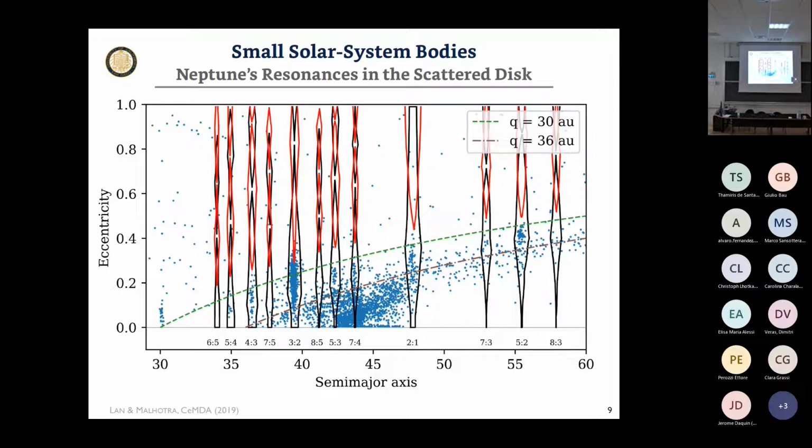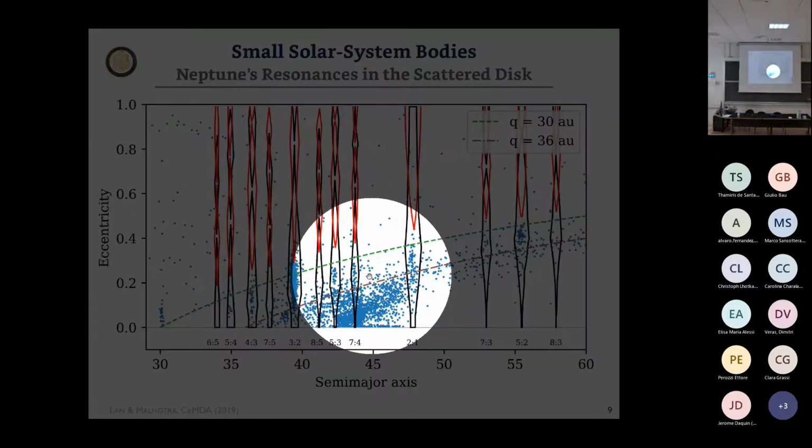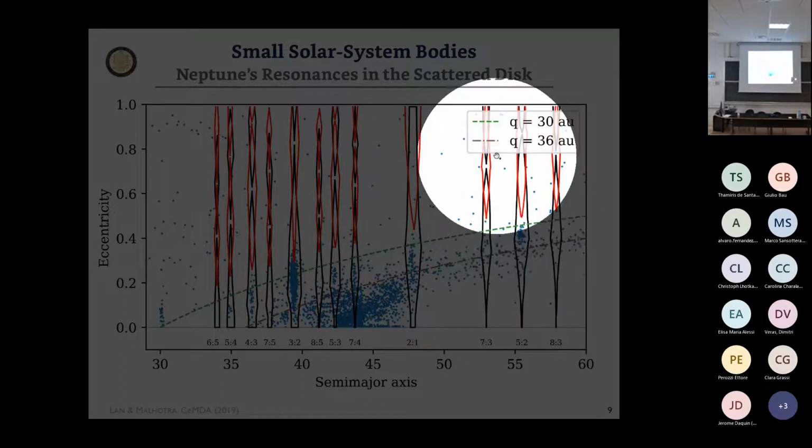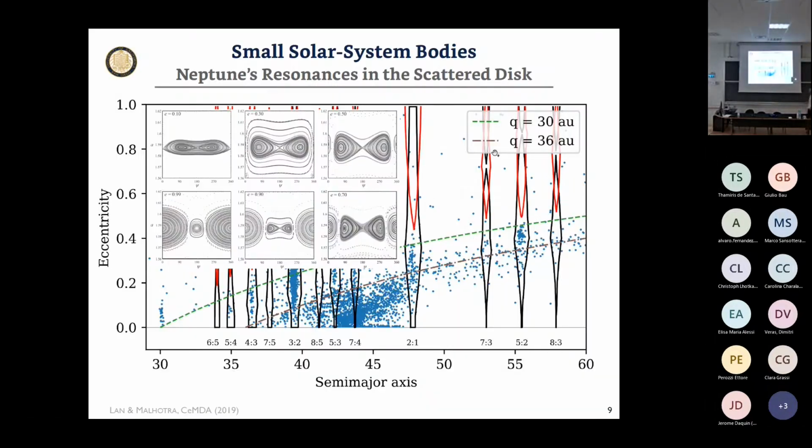This is some more recent work by Renu Malhotra that studied the structure of Neptune's mean motion resonances at high eccentricities, and this is done by doing surface of section at each of those various parameter spaces and characterizing the size of the librations.